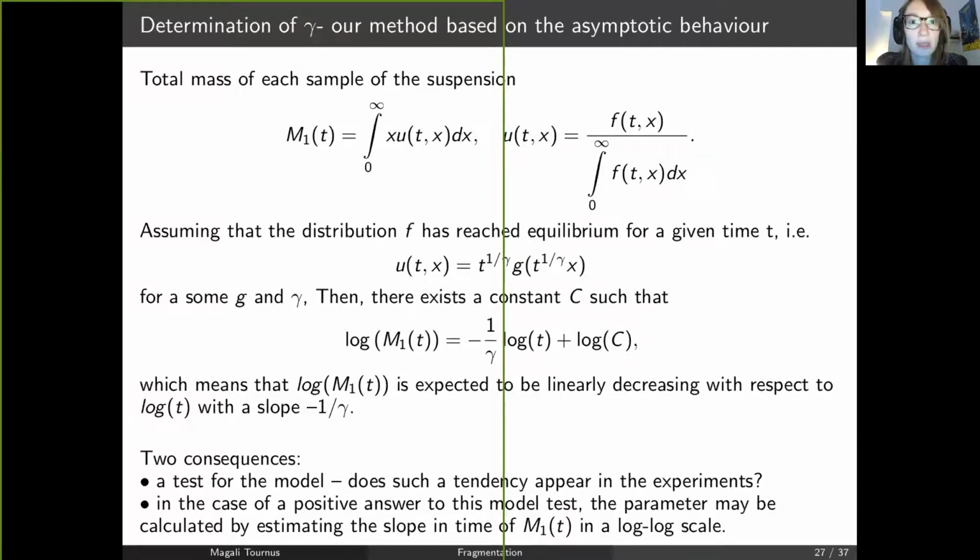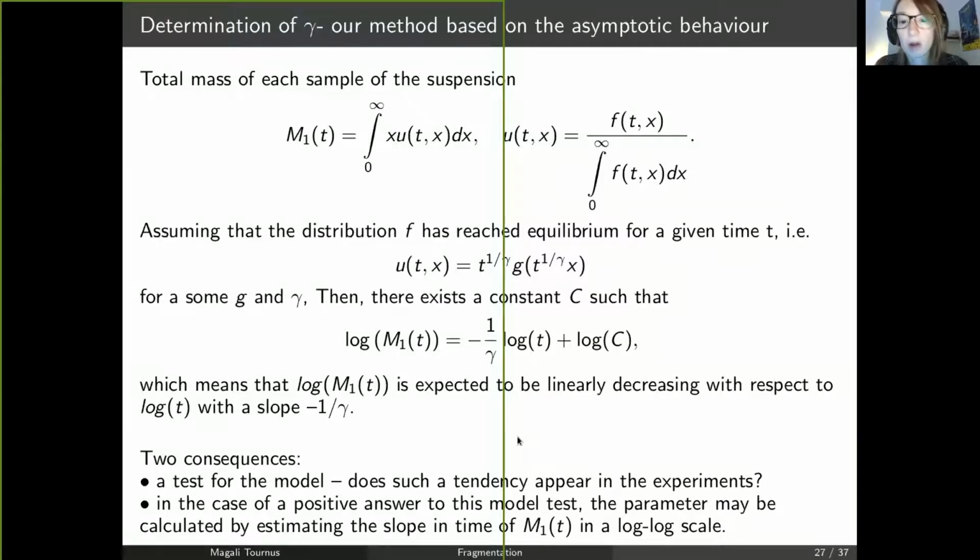And if we multiply by x, integrate on R plus, and pass to the logarithm, then we obtain that the logarithm of M1 of t is expected to decrease linearly with respect to log of t, and the slope is 1 over gamma. So this is great because then we just have to plot log of M1 of t as a function of log of t.